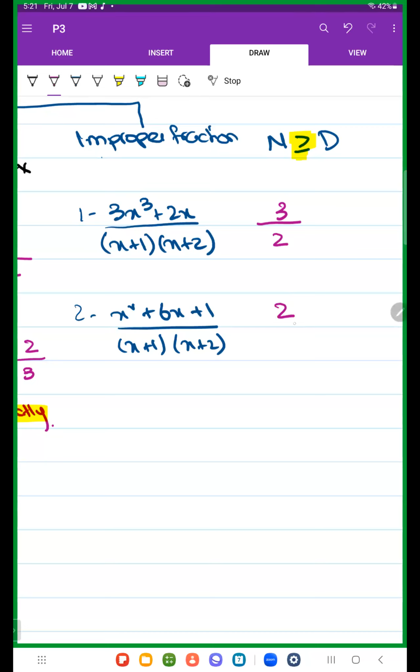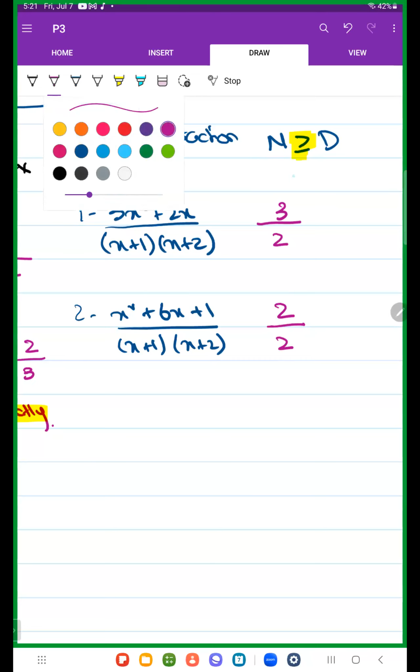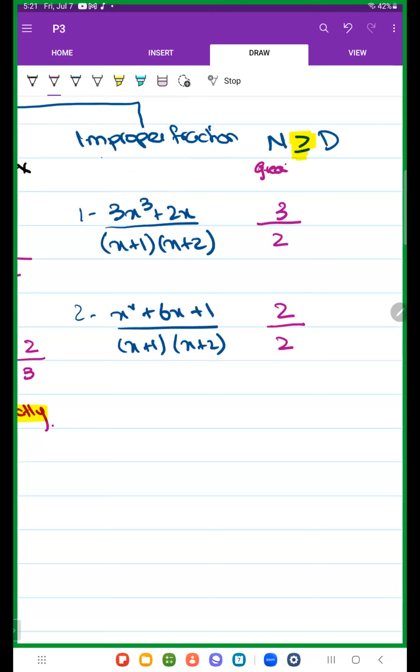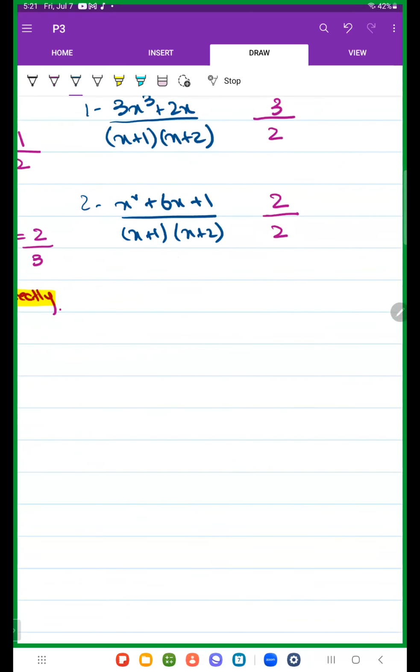And what is the power of x in the denominator? 2 as well. So I've written it's either greater or equal. Even if the power of x is equal in the denominator and the numerator, it will be an improper fraction. For improper fractions, there are two methods we use.